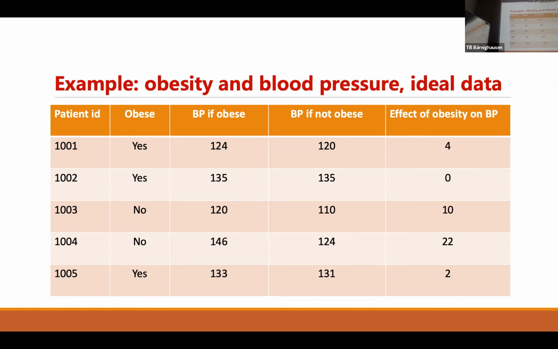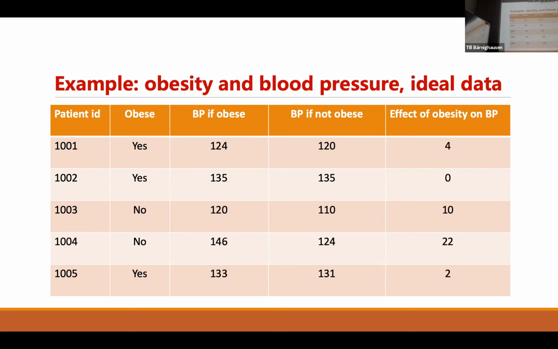And now we want to explore whether there are any causal effects of obesity on blood pressure. So the first person is obese. He's exposed to obesity. And in the ideal data, we can measure the blood pressure. If he is obese, it's 124.